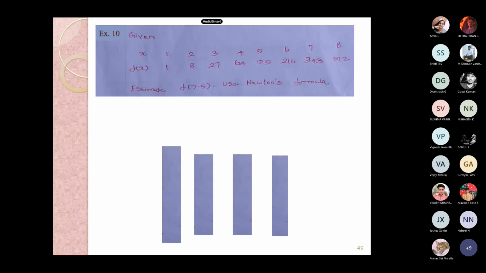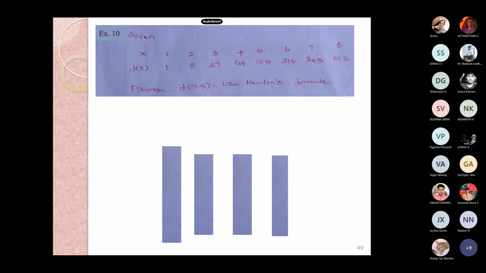The f of x might not be uniform, but for x the interval should be uniform. That is what we are dealing with in Newton's forward as well as backward interpolation.